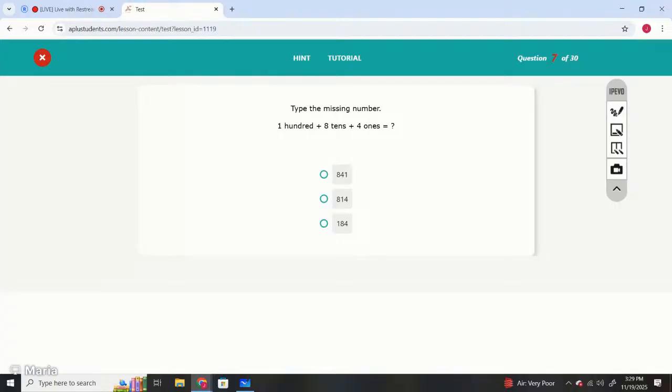Type the missing number. 1 hundred, 8 tens, and 4 ones. So which is the correct option?